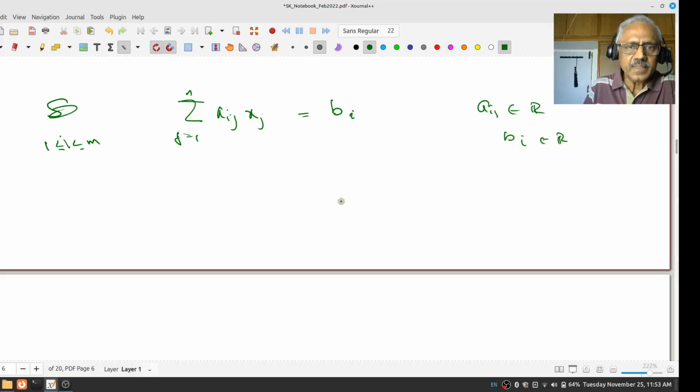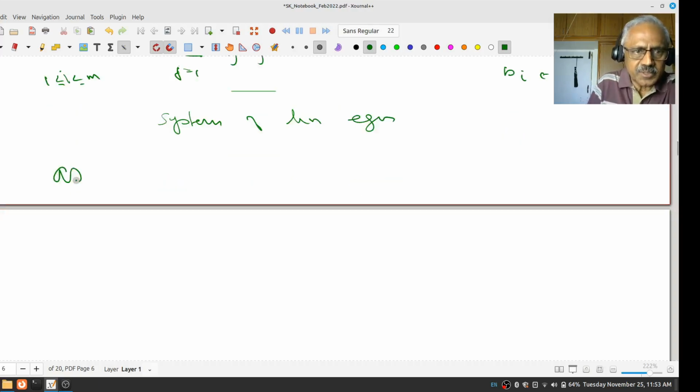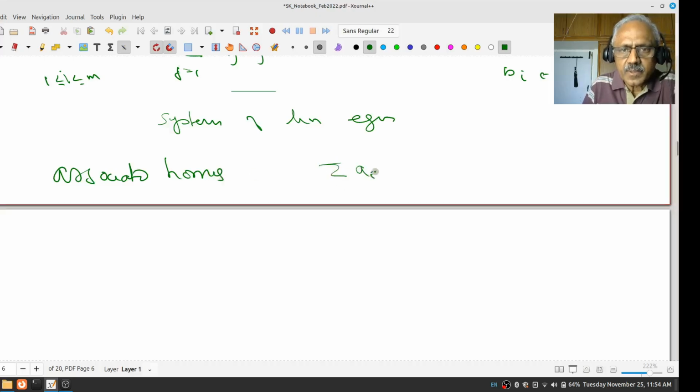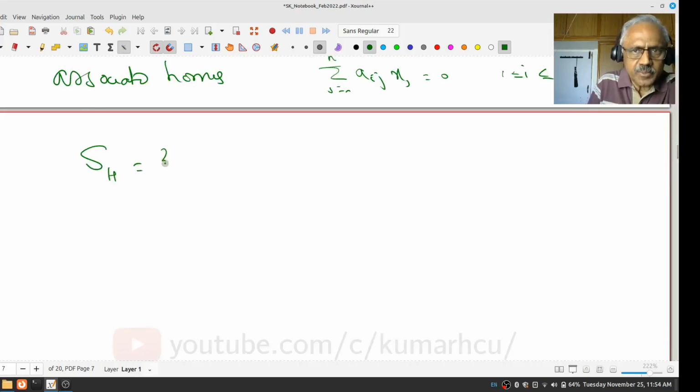Then this is the system of linear equations. Then the associated homogeneous system is the sum over j from 1 to n of a_ij x_j equals 0 for 1 ≤ i ≤ m.